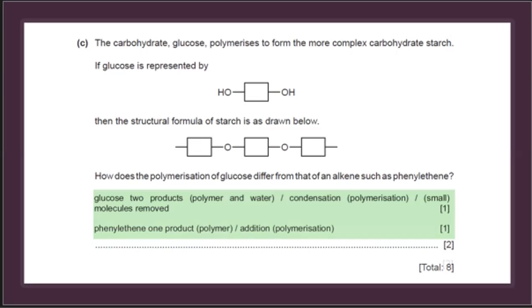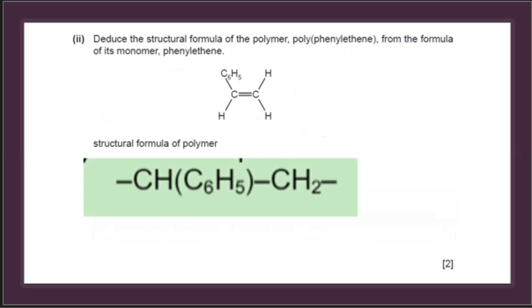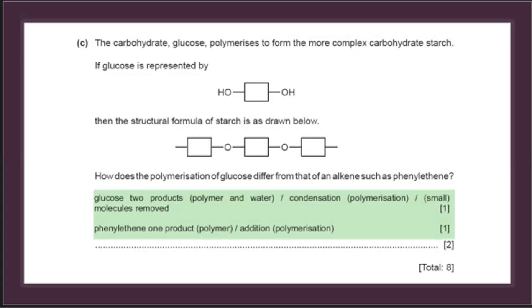So if I go back to the previous question, this here is phenylethene, and all that happened, the bond broke, and we had the polymer being formed. And this polymer is the only product that was formed. However, with this structure, water is being removed, right?